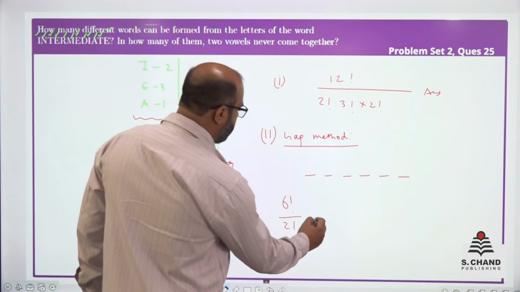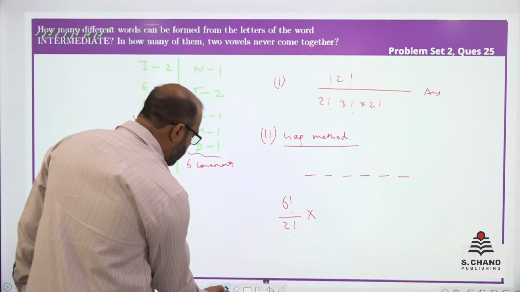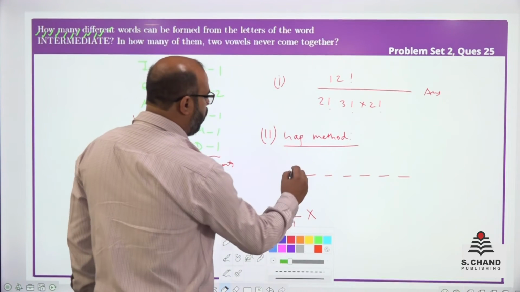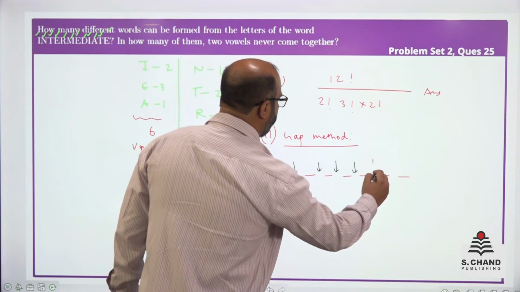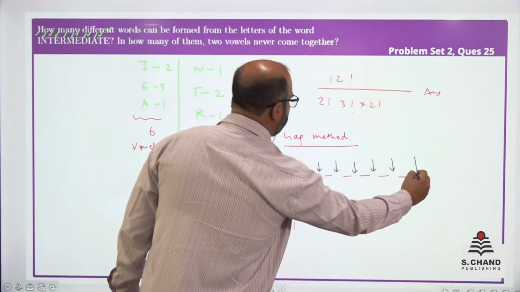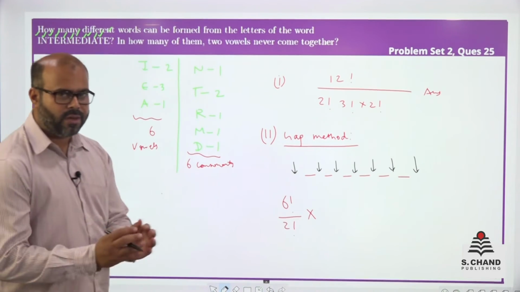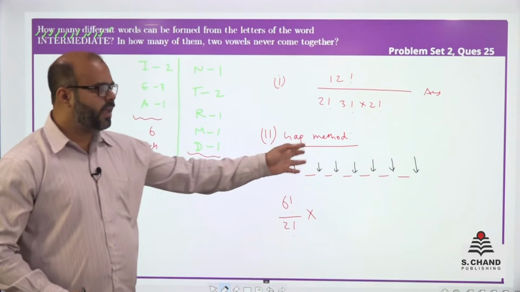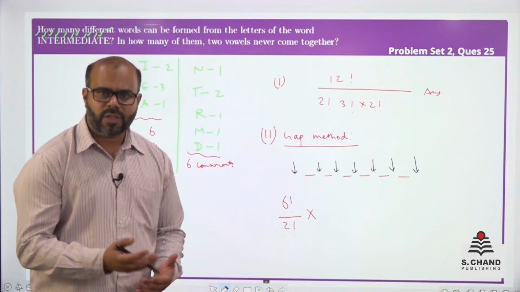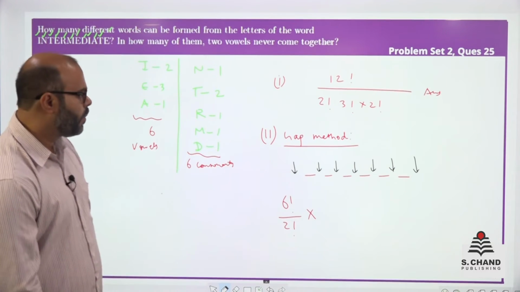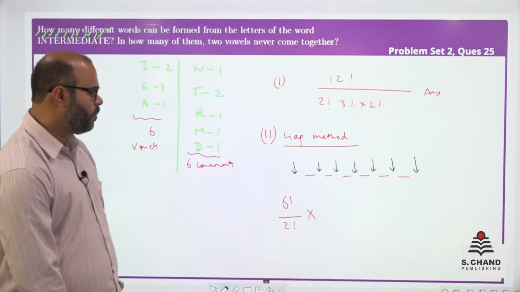Now next, let us come to vowels. So vowels can occupy gaps 1, 2, 3, 4, 5, 6, 7 gaps, because they cannot be together. So they are all in the gaps, so that at least a consonant is in between, or sometimes more than one consonant may also be in between. But there are no 2 vowels together.